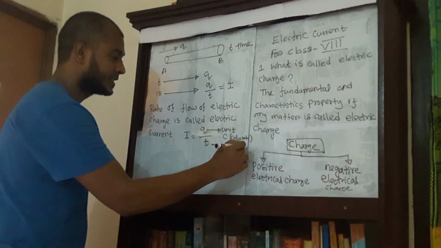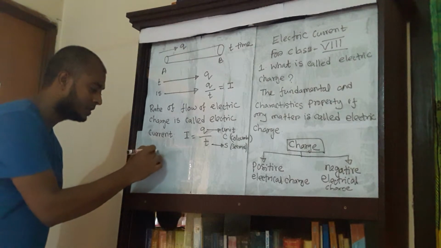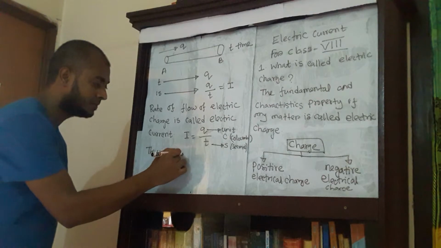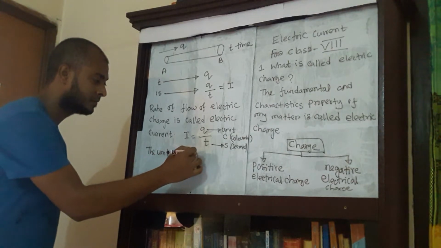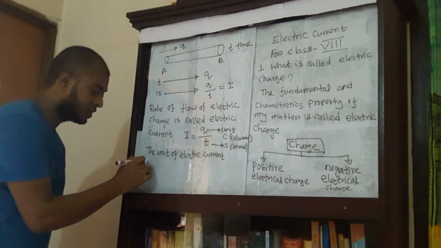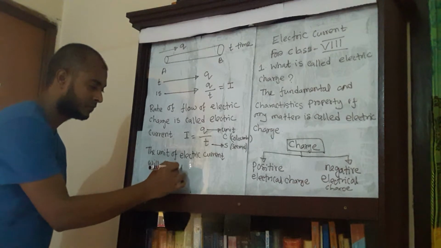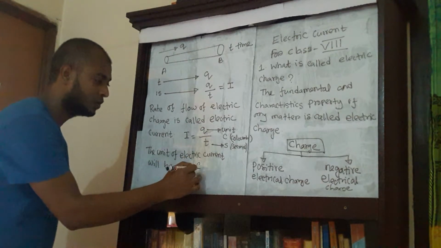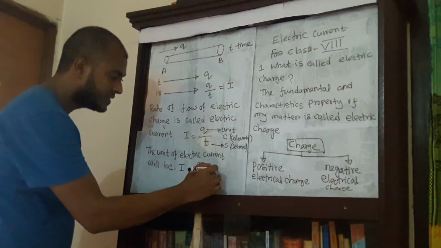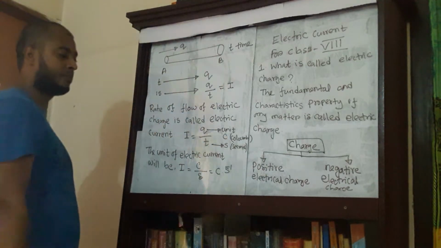So the unit of electric current will equal Q by S, coulomb per second.